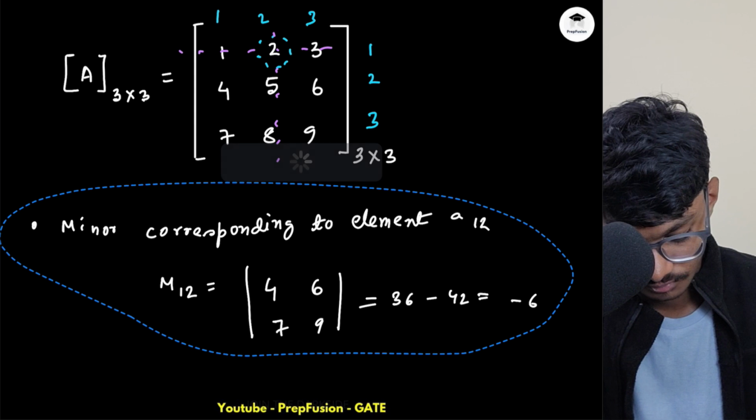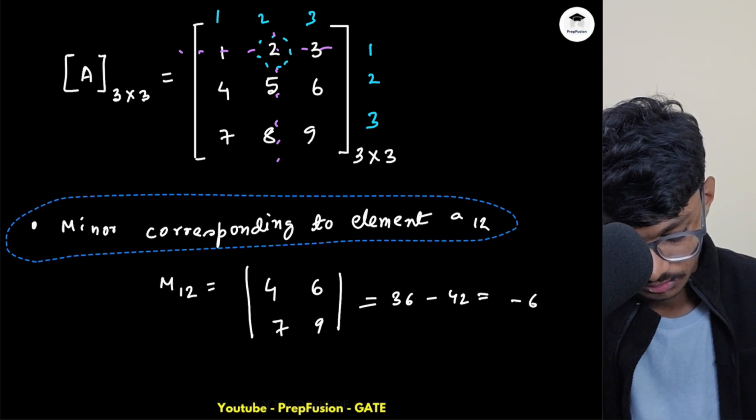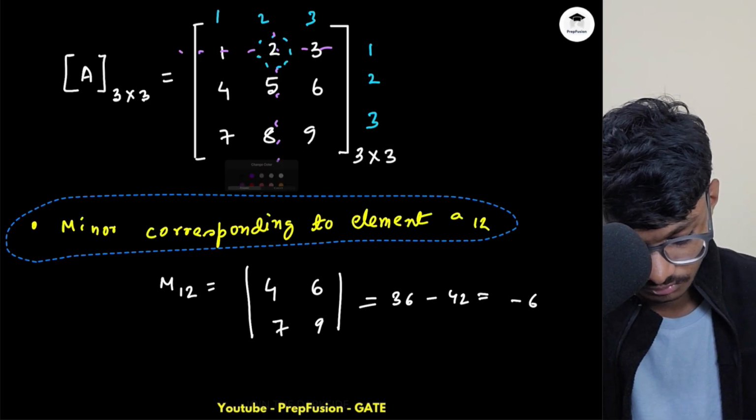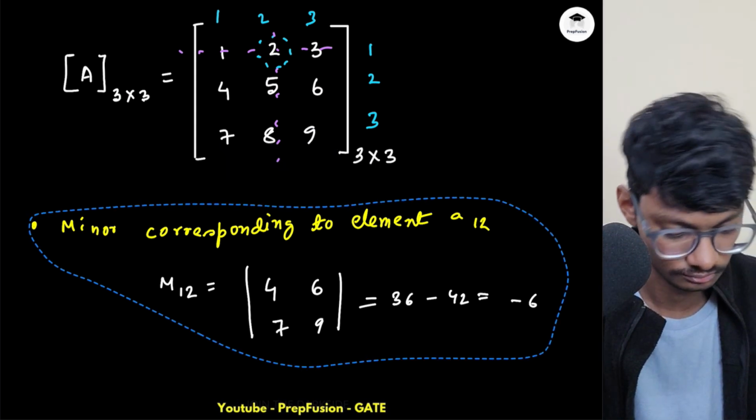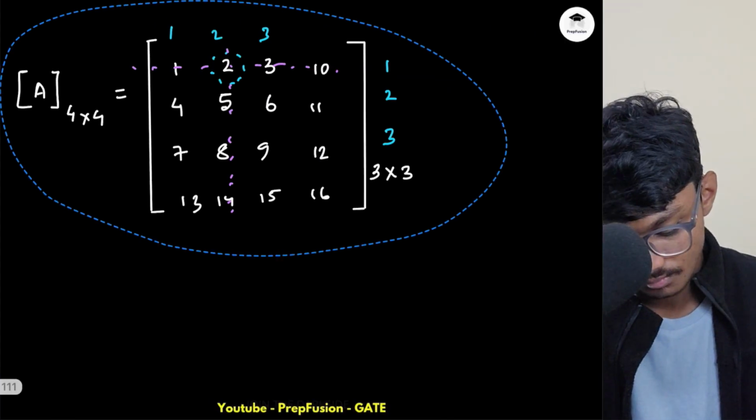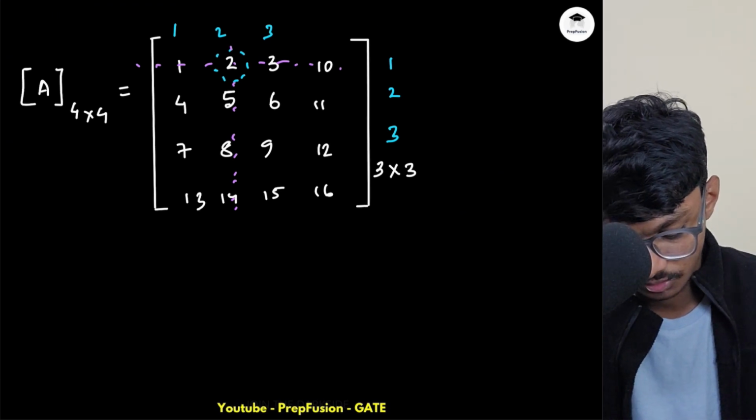Let me color this thing actually. And this is not 3 cross 3 anymore, this is 4 cross 4.